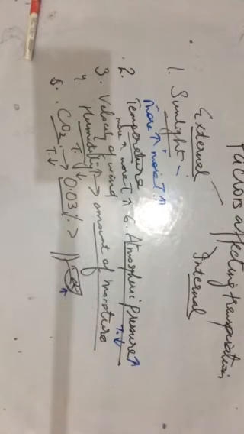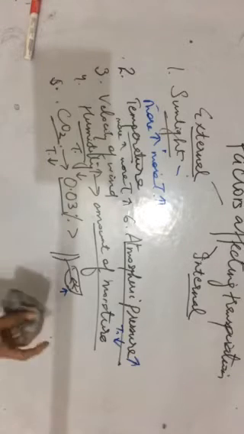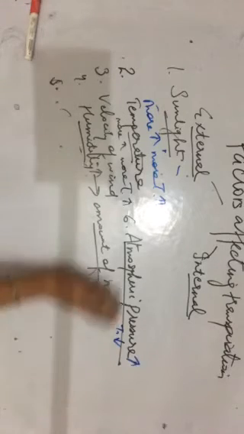So these are the external factors which are increasing or decreasing the rate of transpiration. Now there are some internal factors as well that control transpiration. For example, the plant doesn't want to lose much water.